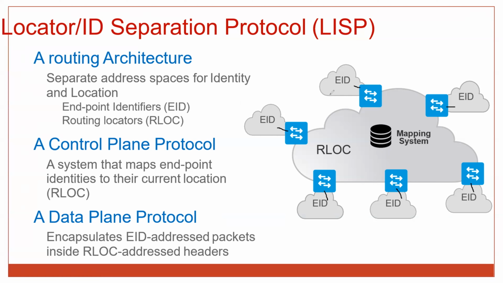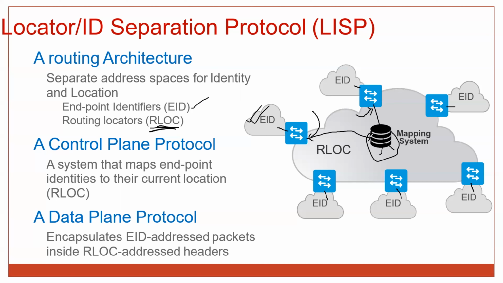Host information you will get from these edge nodes, so that's why these are the endpoint identifiers. And then this is nothing but one router or a pool of routers in between. What we are doing is providing something called loopback addresses to these devices. These loopback addresses become the RLOC, router locator.